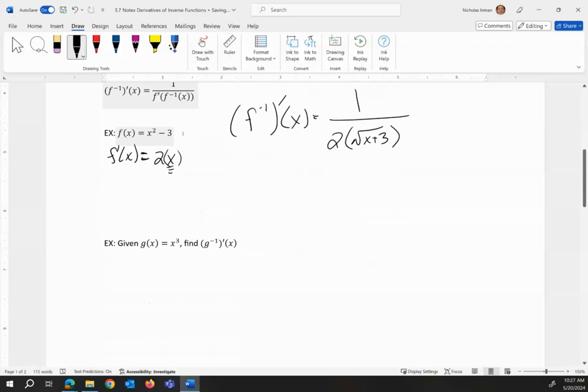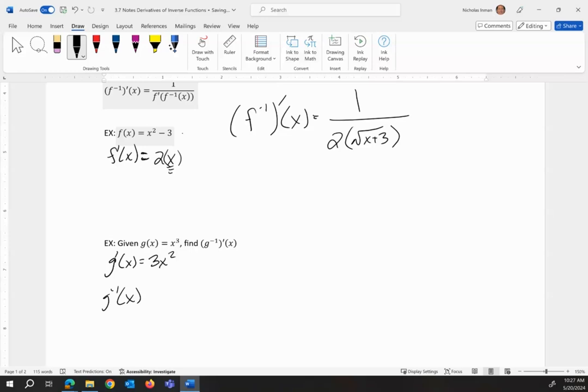So again, if I have this function, g of x equals x cubed, I can find the derivative of that very easily. The derivative of x cubed is 3x squared: move the power in front and bring that down. Now, the inverse function is also very easy.